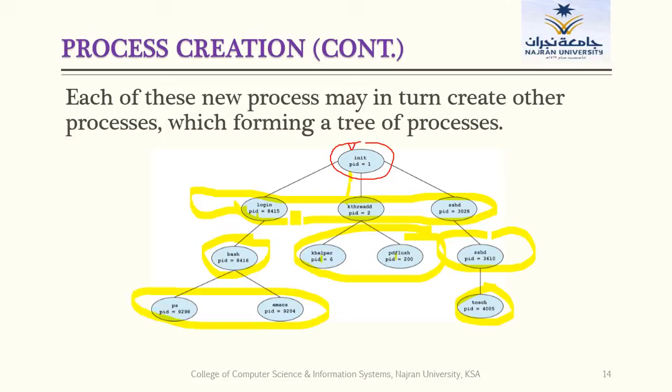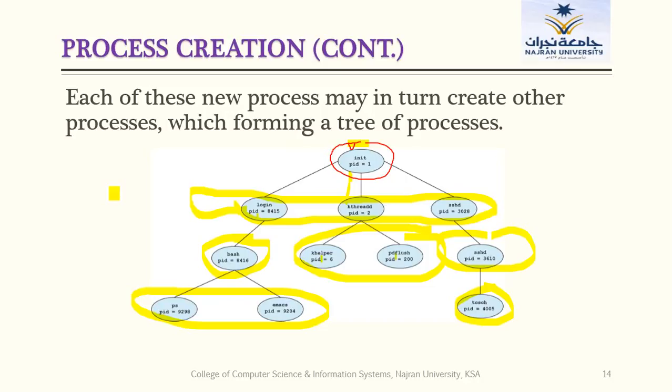But the important thing, if you notice the process ID, PID, in this tree you will not find any process with a duplicate ID. The process ID must be unique. If you go back and see the process ID, each process must have a process ID. So this is related to creation, how we can create a new process.